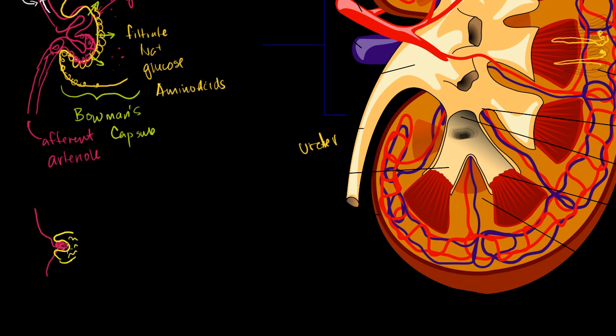That's the filtrate that just comes out at this point. Sometimes it's called the glomerular filtrate because it's been filtered by the glomerulus, but it's also been filtered by those podocyte cells on the inside of the Bowman's capsule. But now it's ready to go to the proximal tubule. So let me draw something like this.